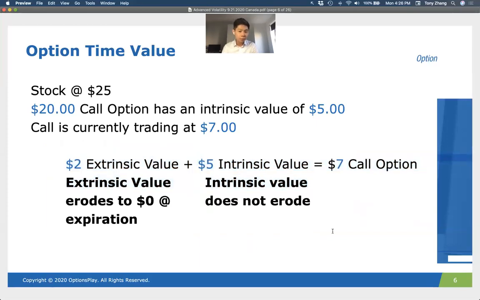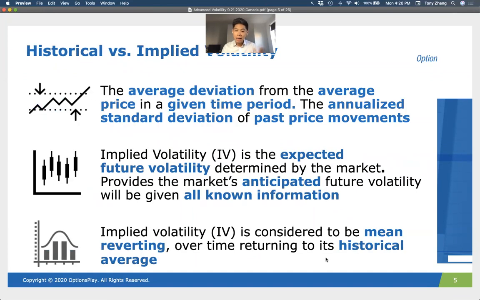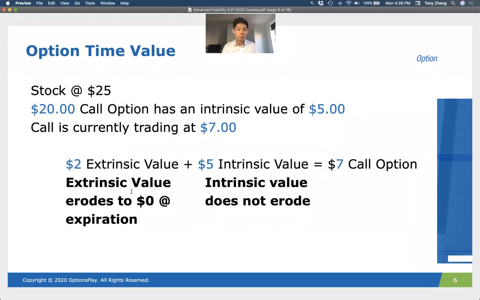However, the problem here is that I might be able to remember that $2 of extrinsic value for a $25 stock when the strike price is $20, and maybe in this particular case I have, let's say, 2 months left to expiration.